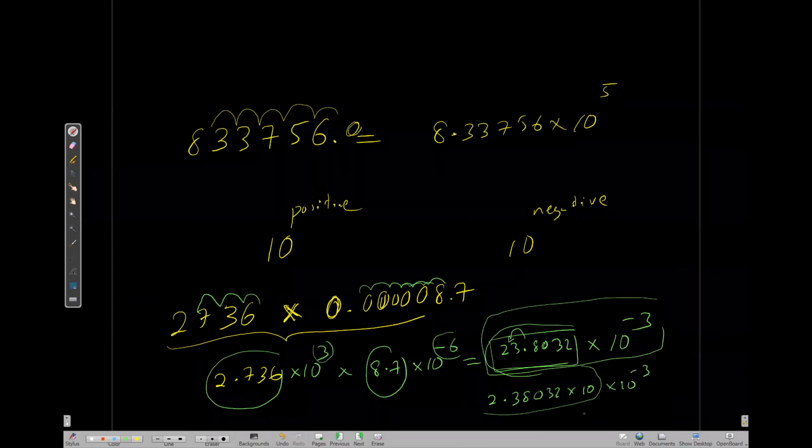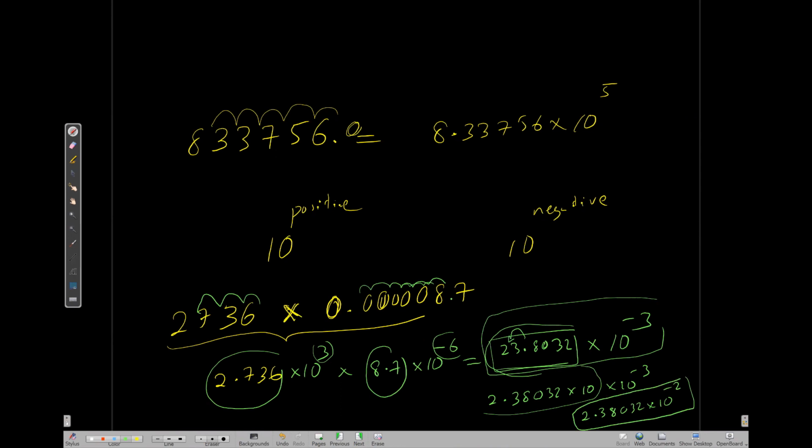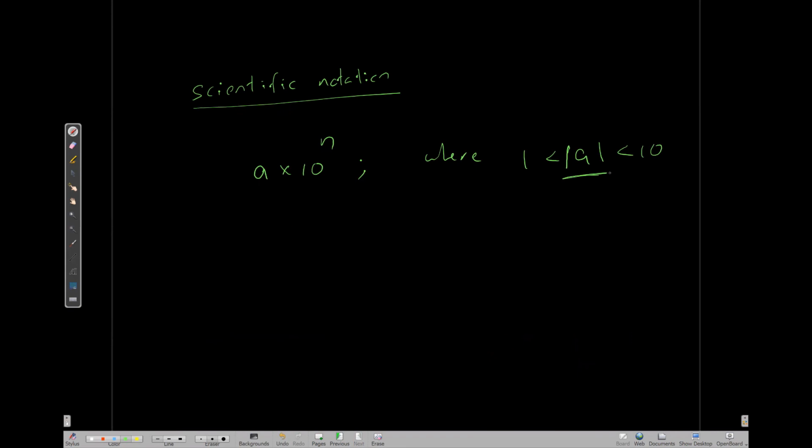So the last result, 10 to the negative 2. That's in scientific notation. Now here, let me explain why this absolute value. For example, if you had negative 8,000, something like this.